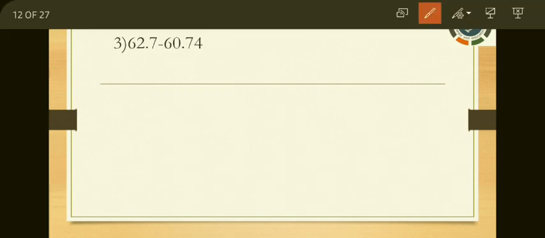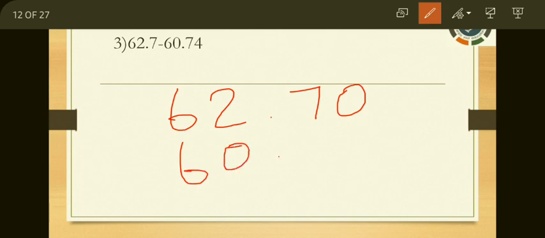Next example, 62.7 minus 60.74. Given decimals are unlike decimals, so first step, change into like decimals. 62.70, then next 60.74.